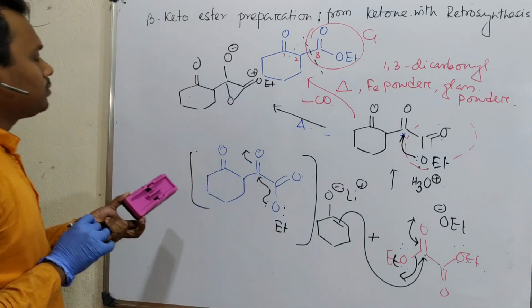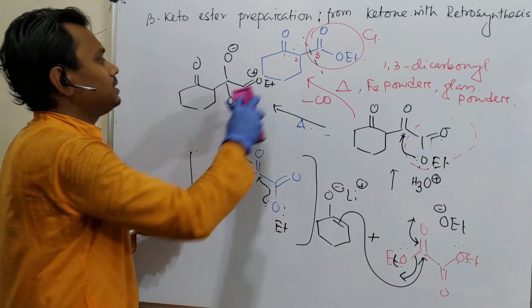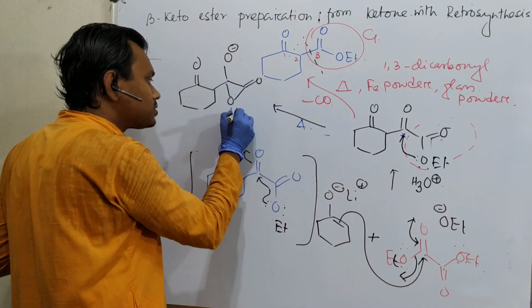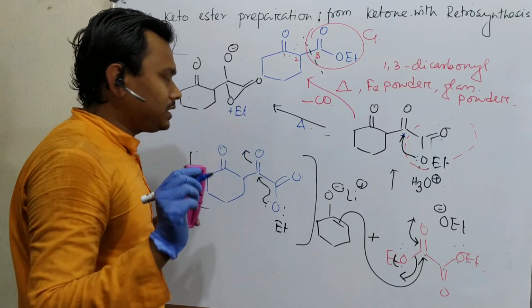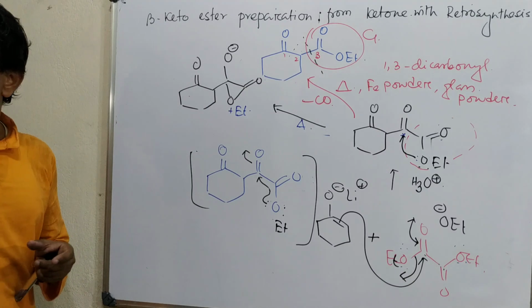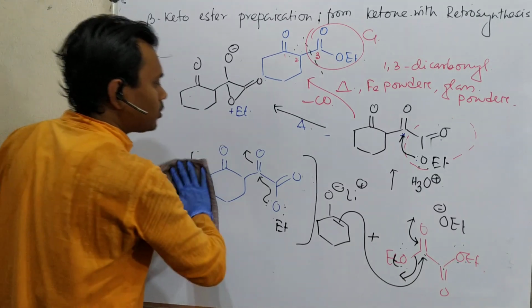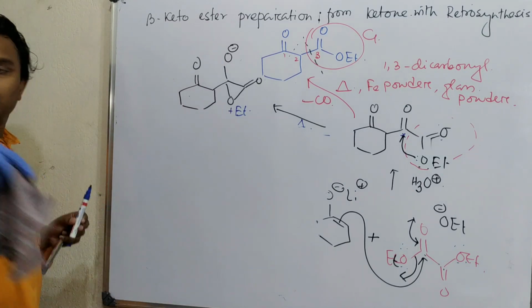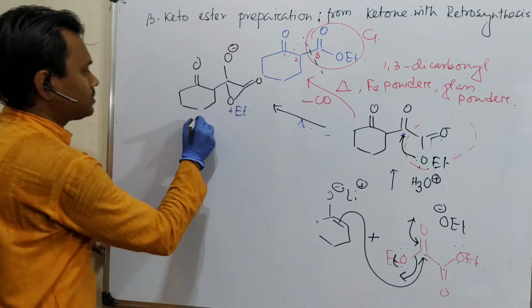Okay, so what will be the consequence here? See, in this case this will be double bond O, but this will be positive Et. Actually I'll come to the experimental fact we observed, then this will be completely clear to you. This. So fine, this is now the question.